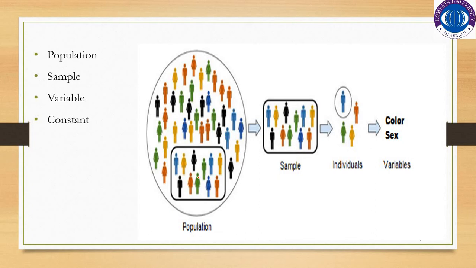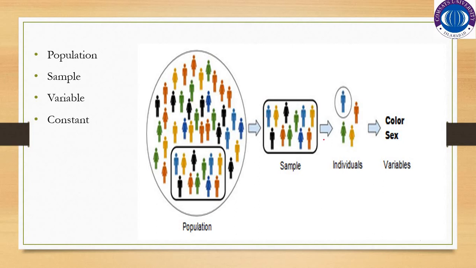So this is the population of a certain region. And let's suppose you have taken a sample. This one is the sample. A sample is basically a subset of the population. So this is the sample of this population and we have picked it out.